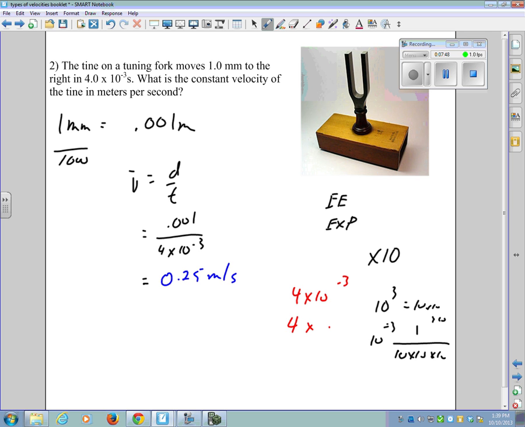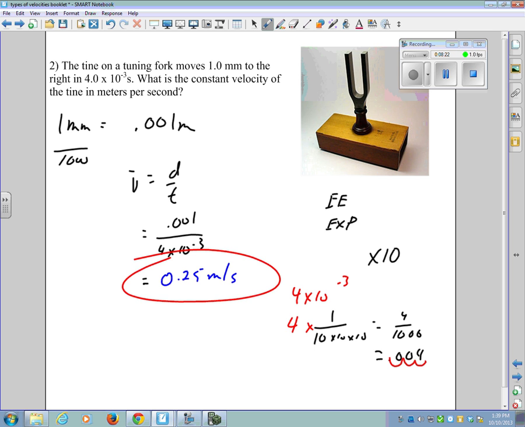The minus just means put it on the bottom. So when I go 4 times 10 to the minus 3, it means 4 times 1 over 10 times 10 times 10, which is 4 over 1,000, which is 0.004, which if you move the decimal places, 1, 2, 3. That's really kind of what it means. Okay, so my answer is 0.25.